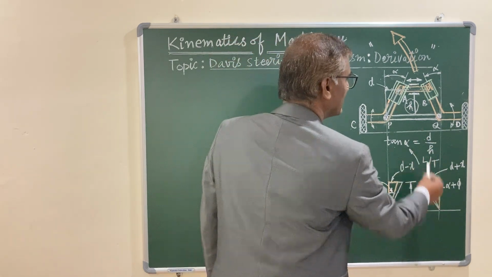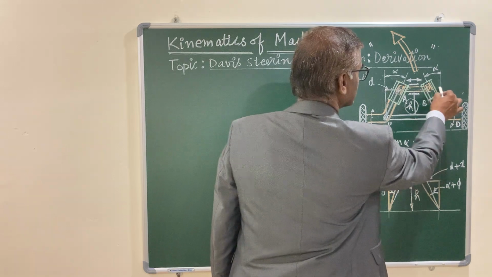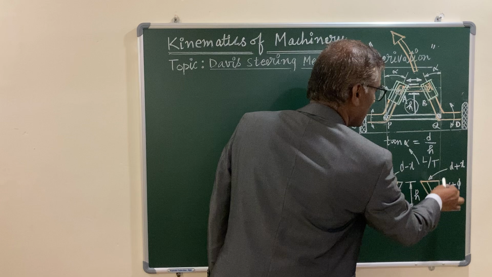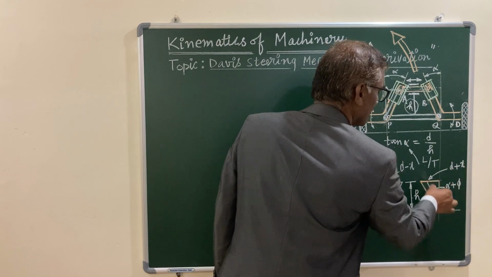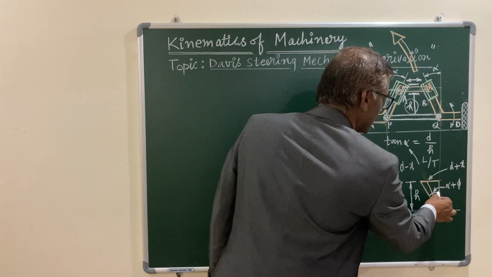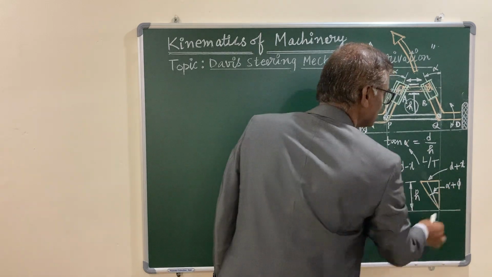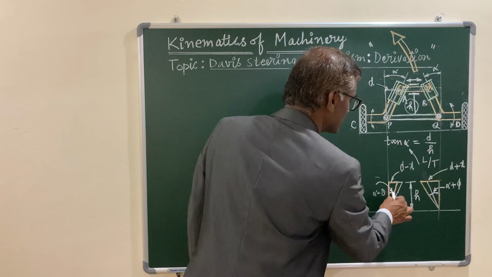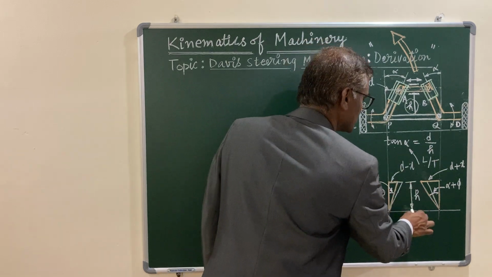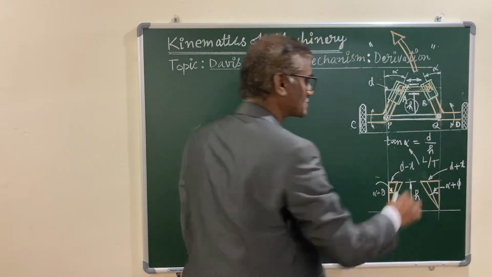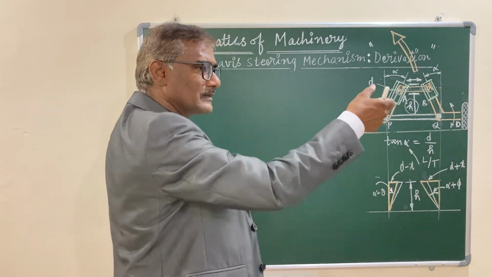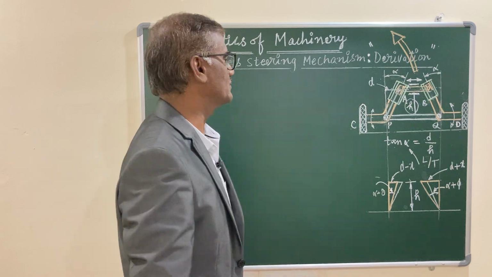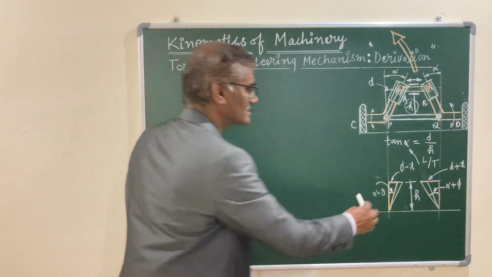The other side, in mean configuration the distance is d, and as it is deflected to the left, you will have d plus x as the opposite side of this right angle triangle, and the angle becomes alpha plus phi, which is the outer turning angle, and here alpha minus theta is the inner turning angle. The adjacent side remains constant because the cross arm slides parallel to your front axle PQ. Now let us proceed to derive from these two right angle triangles.